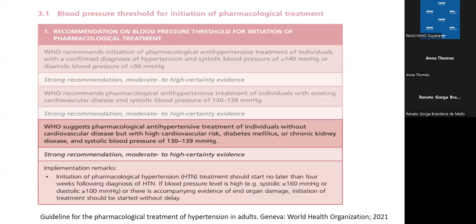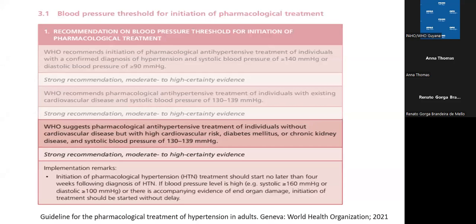The WHO suggests pharmacological antihypertensive treatment for patients without cardiovascular disease, but with high cardiovascular risk, diabetes, or chronic kidney disease, for patients with systolic blood pressure over 130 millimeters of mercury.